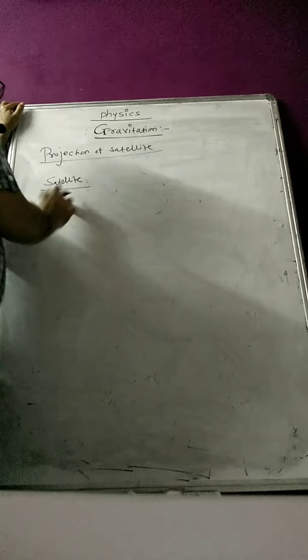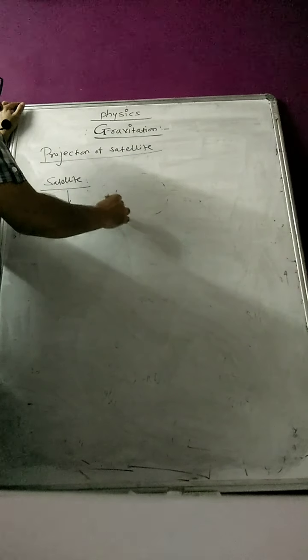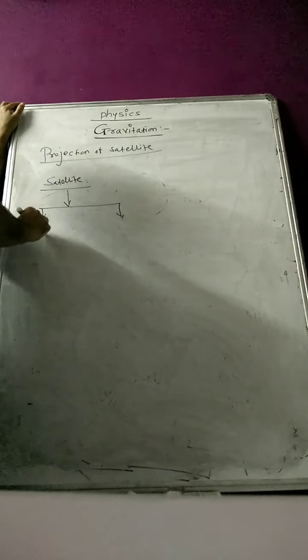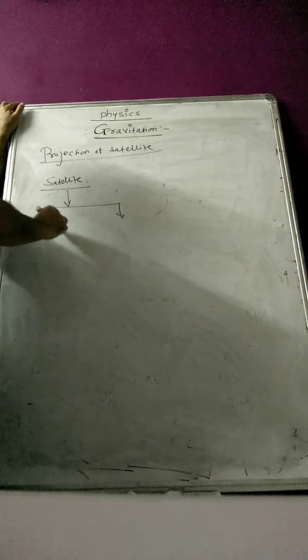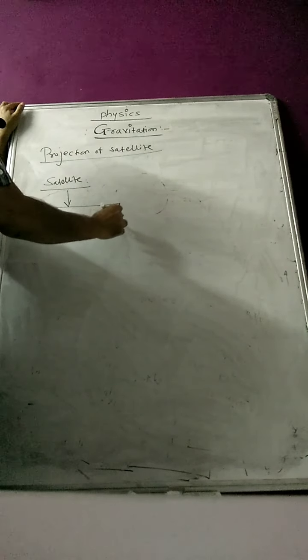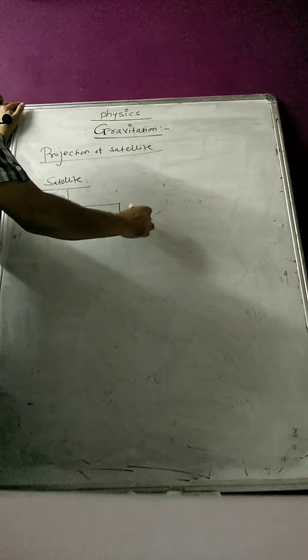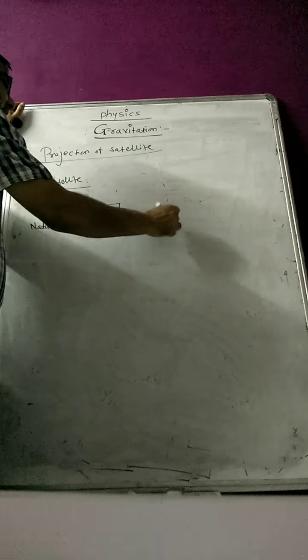Now this satellite has two types. One is natural satellite and the second is artificial satellite. What is a natural satellite?